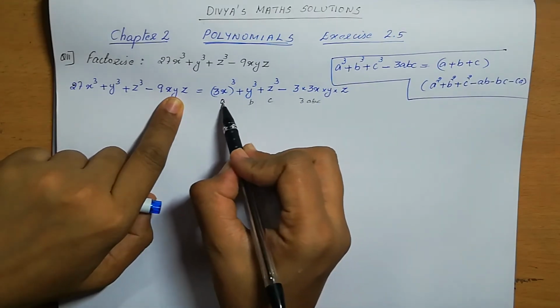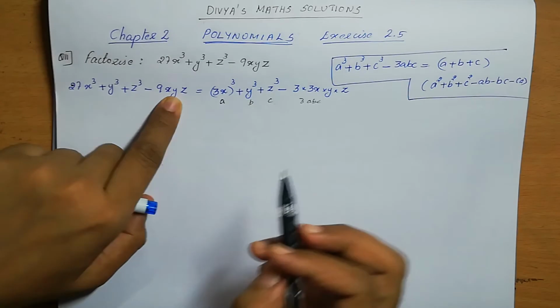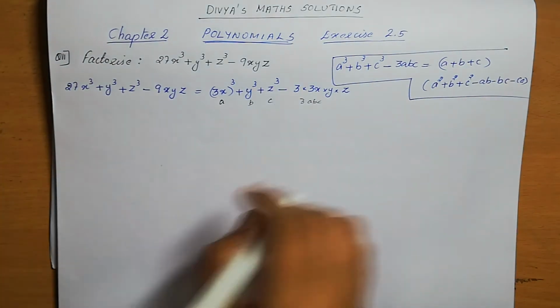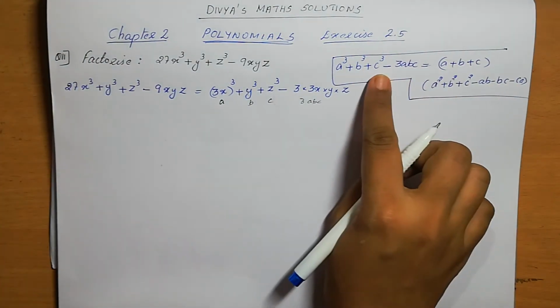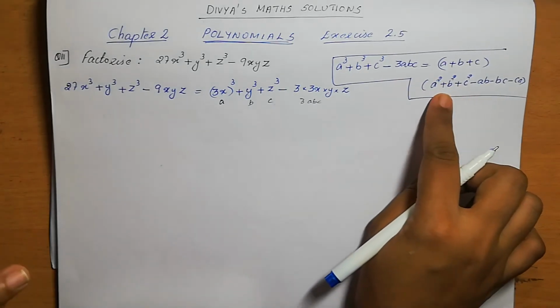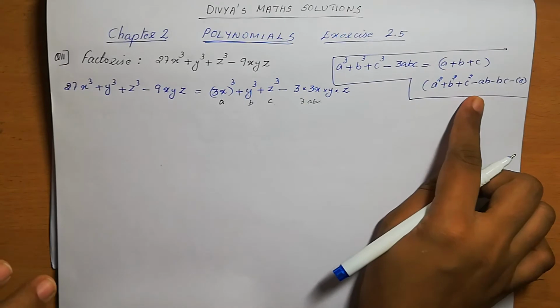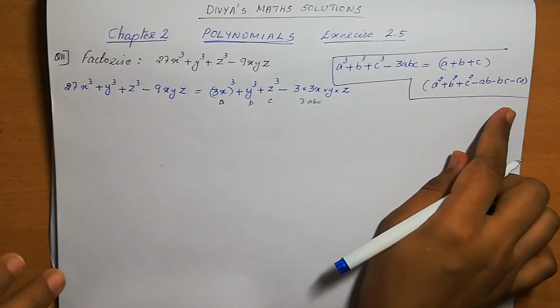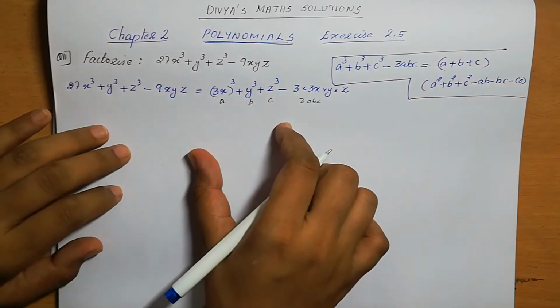So a is 3x, b is y and c is z. Using this we can write the answer. This is the standard form. So what are the factors? a plus b plus c and a square plus b square plus c square minus ab minus bc minus ca are the factors, right?